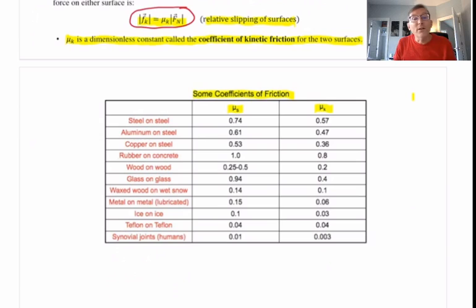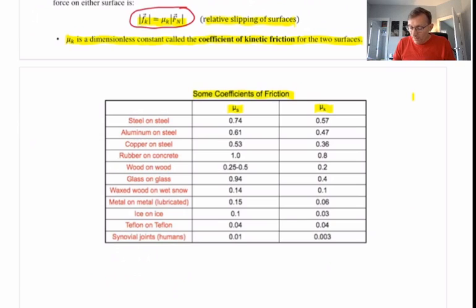Like the first one is steel on steel, then aluminum on steel, then copper on steel, then rubber on concrete. Think about what that might apply to. Automobiles, wood on wood, glass on glass, waxed wood on wet snow. Skiing, metal on metal with lubrication, like in a combustion engine, ice on ice, Teflon on Teflon, the cooking surface, Teflon, between the synovial joints in humans, in your joints.